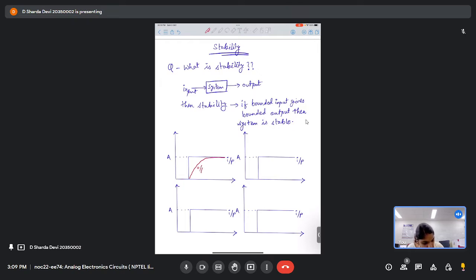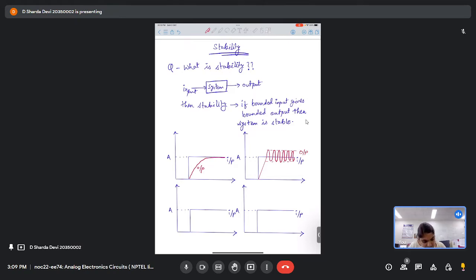Another type of output is, let's say here it is slowly rising to attain the input. Then, rather than attaining the input, it starts oscillating across this input value. This is another type of output that we can have.